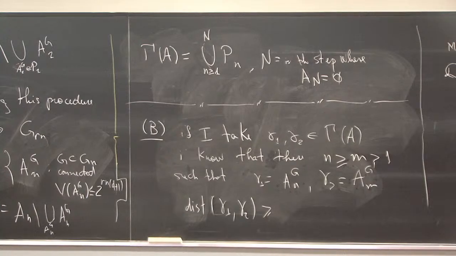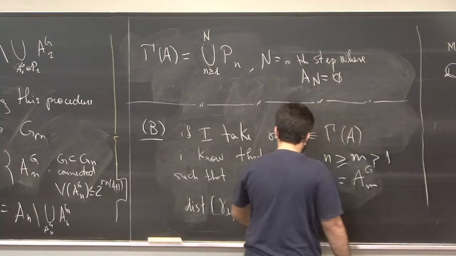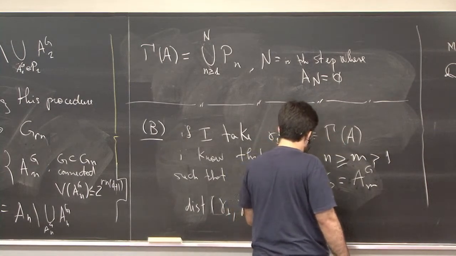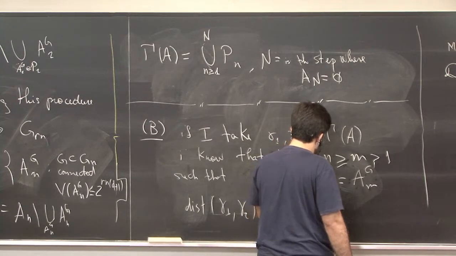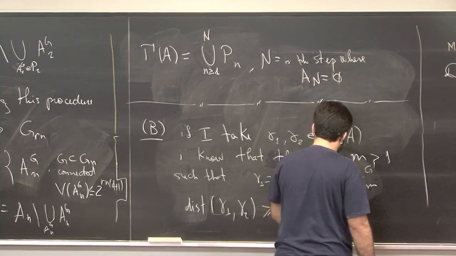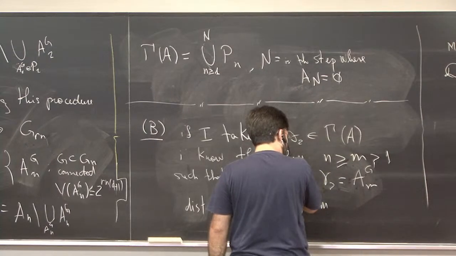So this must be larger than m times 2 to the rm.